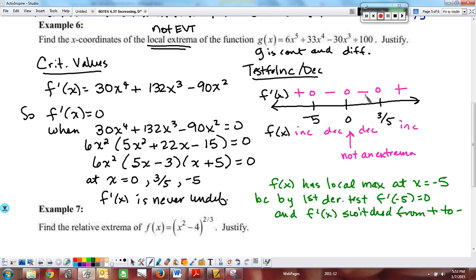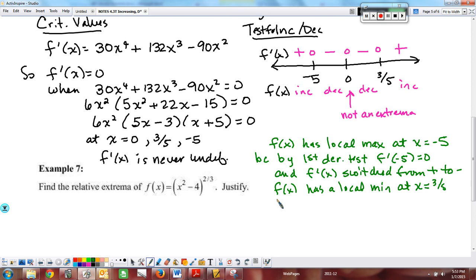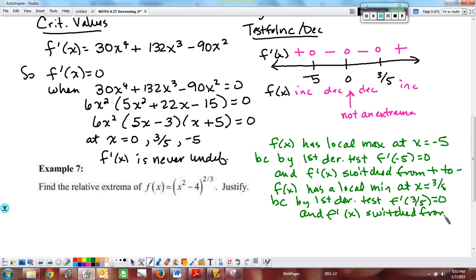Now over here, we're switching from negative to positive, so f of x has a local min at x equal to 3/5, because by the first derivative test, f prime of 3/5 was 0, and f prime of x switched from negative to positive at x equal to 3/5.